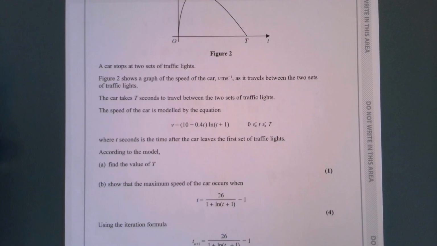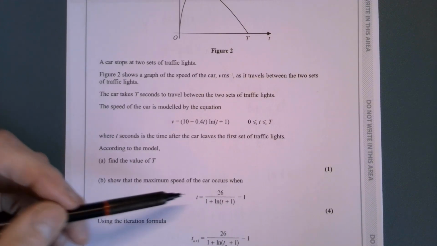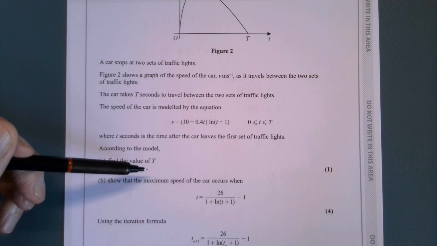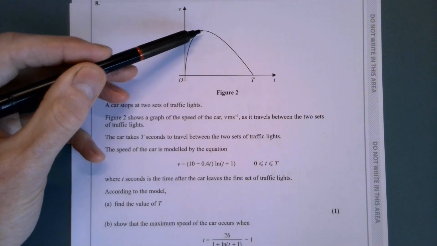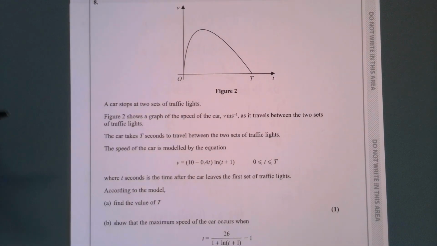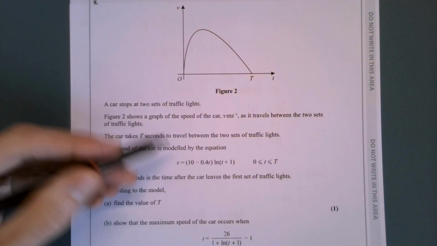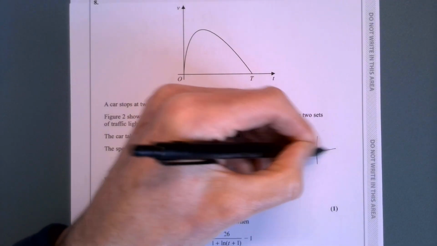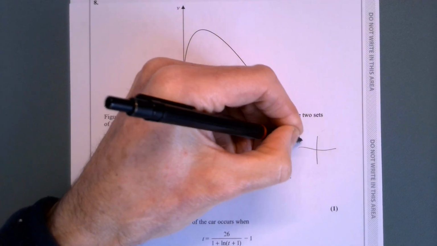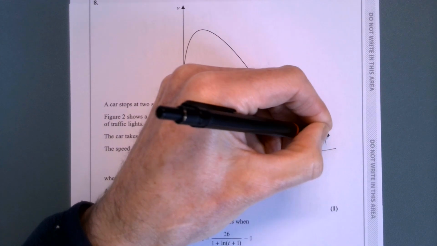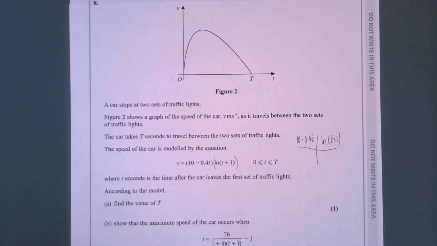We then are asked to show the maximum speed of the car occurs at this place here. So we're talking about this value here, and so it's a turning point. We're looking for the turning point, and to find the turning point we need to differentiate. What I've got here is a product, so I'm going to use my product rule where this is my u and this is my v.